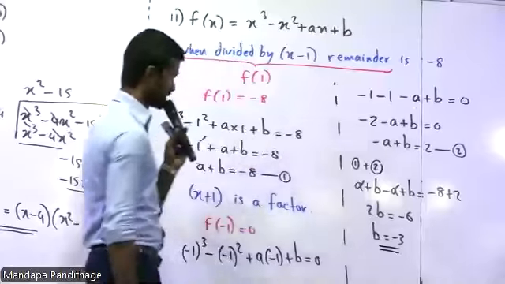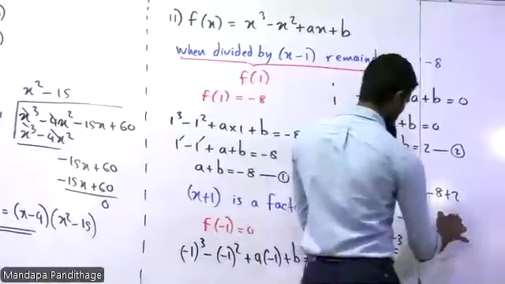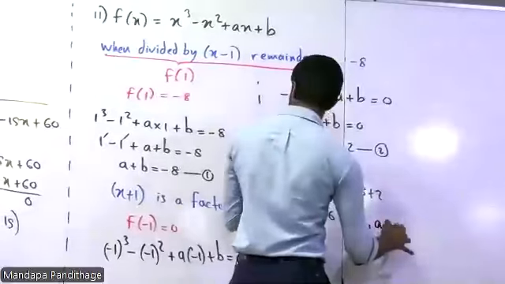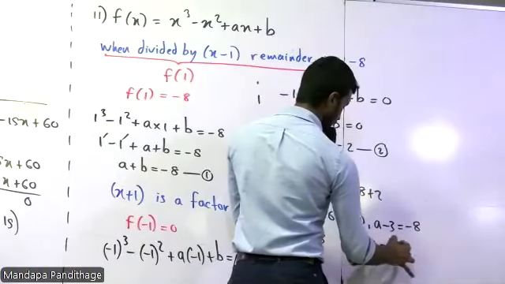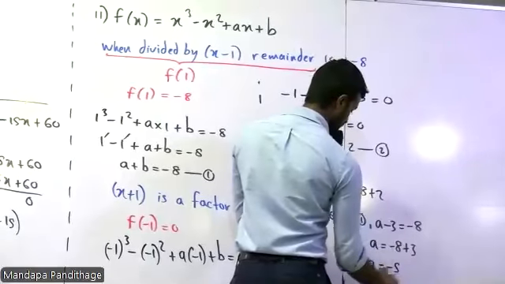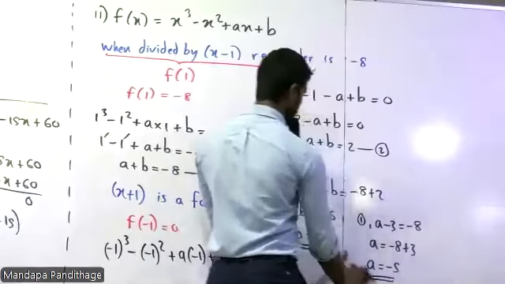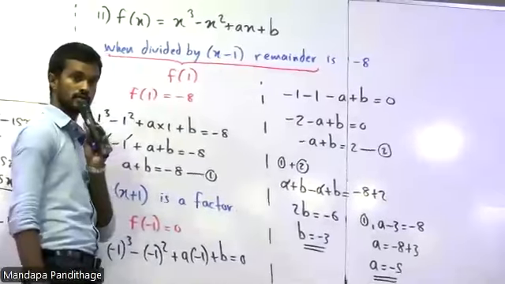If b is equal to minus 3, from the first one, a plus b, so b is minus 3, is equal to minus 8. A is equal to minus 8 plus 3. A is equal to minus 5. Okay, question number 11, hands up if you got a equals minus 5, b equals minus 3. Hands up, who got that answer?